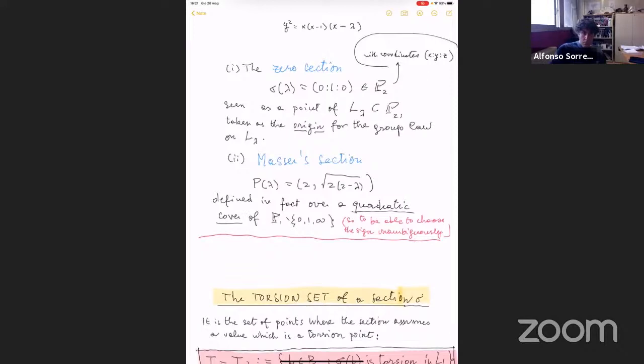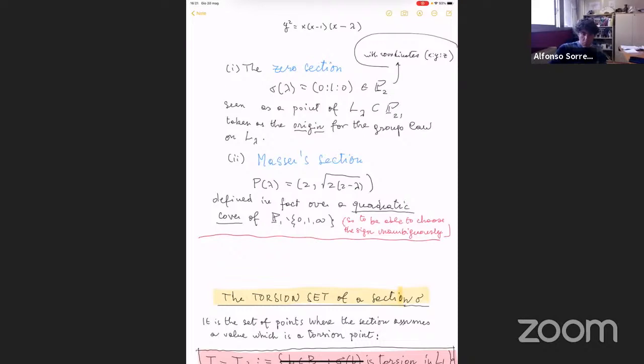So, for instance, we have Masser's section. If we take lambda as a rational number, there are only finitely many such that the point is torsion, and the same for lambda a quadratic irrational: again only finitely many quadratic irrationals, independently of the field.